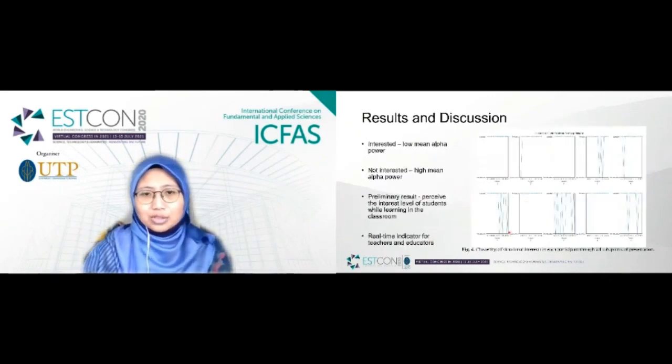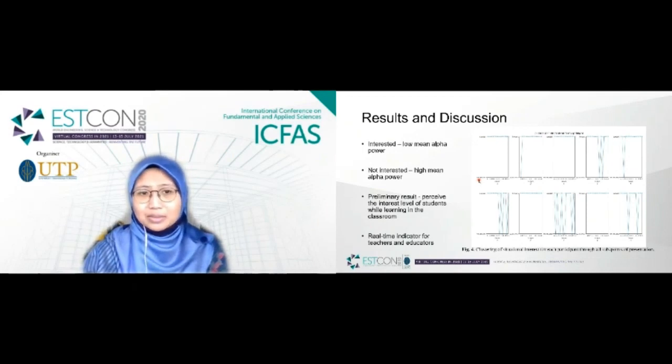Figure 4 shows the summarization of the K-means result in all subjects. Interested level is represented by low mean alpha power, and non-interested level is indicated by high mean alpha power.